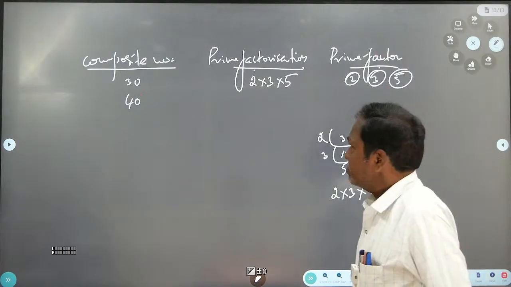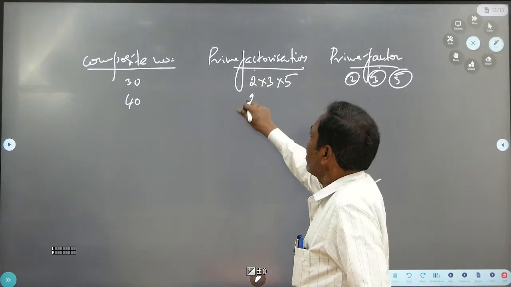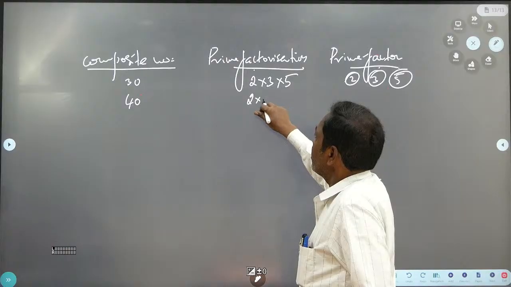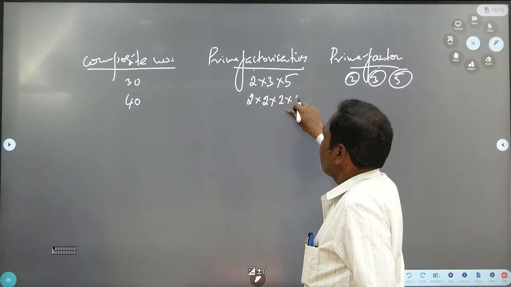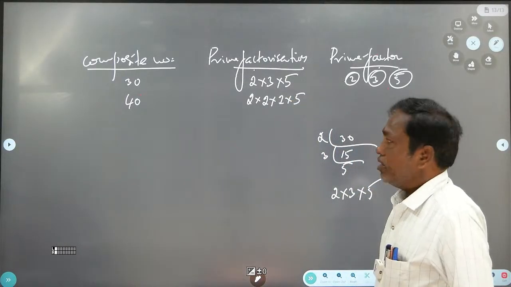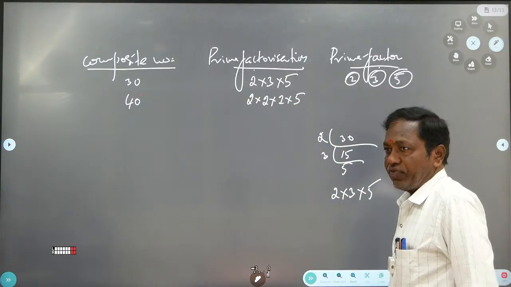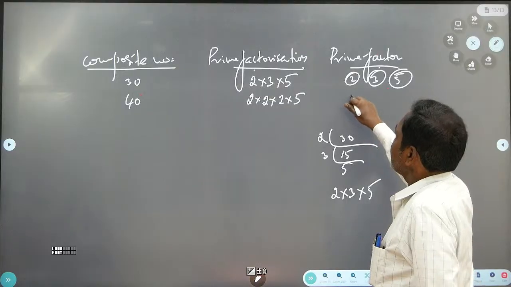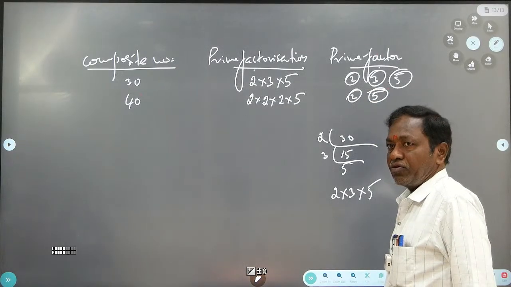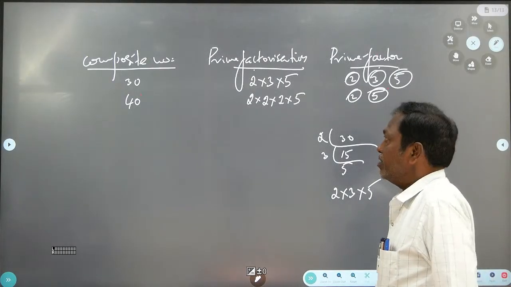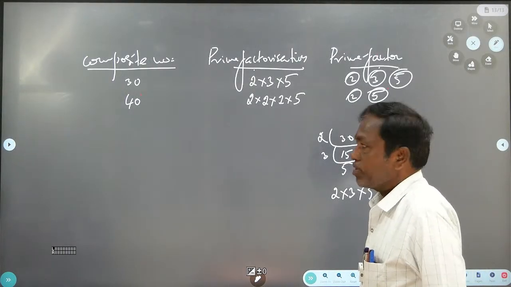What is it for 40? 2 into 2 into 2, 8, into 5. So 2 cube into 5. Now, what are the prime factors here? 2 and 5. There are only 2 prime factors.